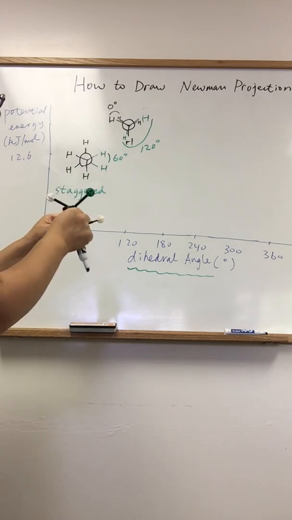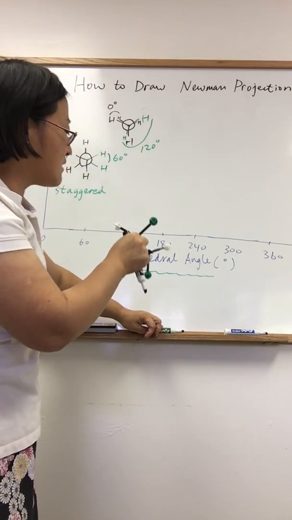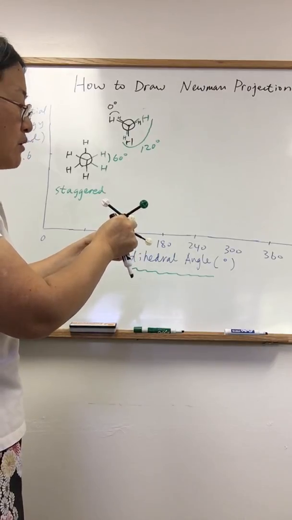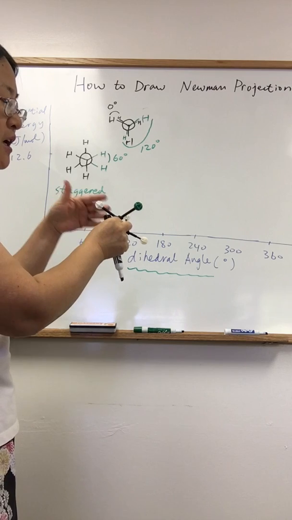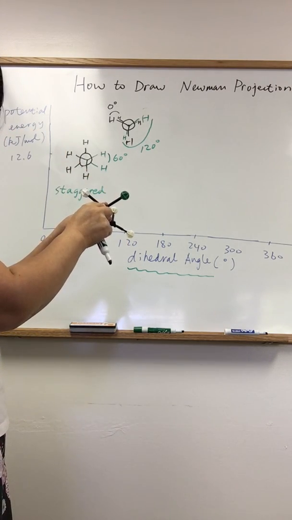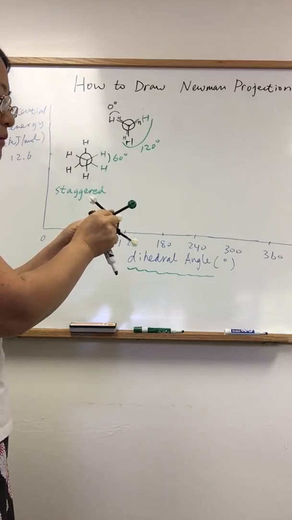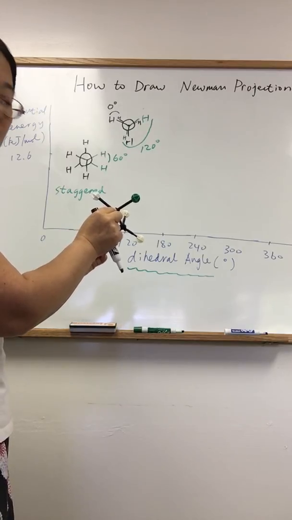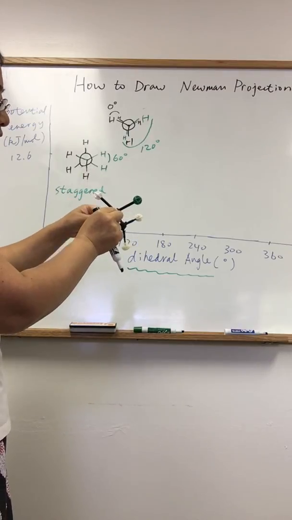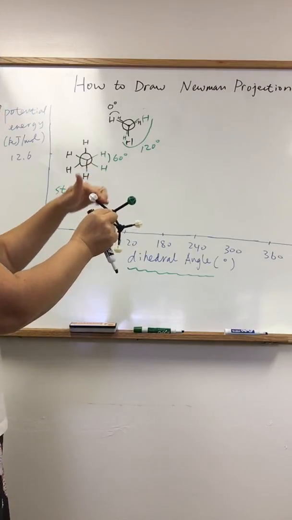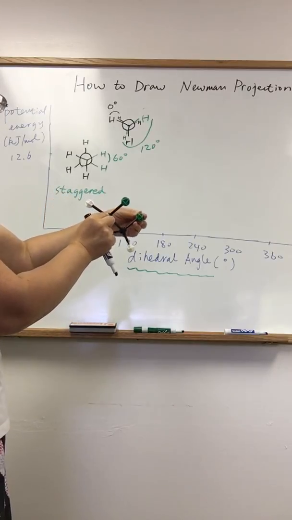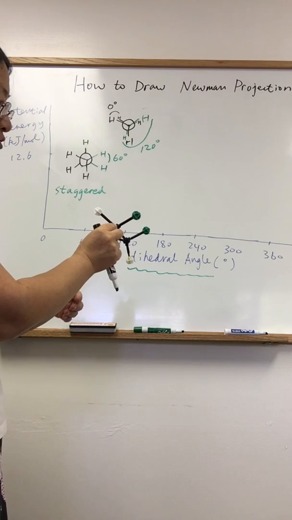And you could also continue drawing along the line by rotating the carbon-carbon bond. Keep in mind when you are rotating a carbon-carbon bond, keep the relative three-dimensional position of the front carbon constant, only rotate the back. You get the dihedral angle of 180, then 240, 300, and back to 360 or 0 degrees.